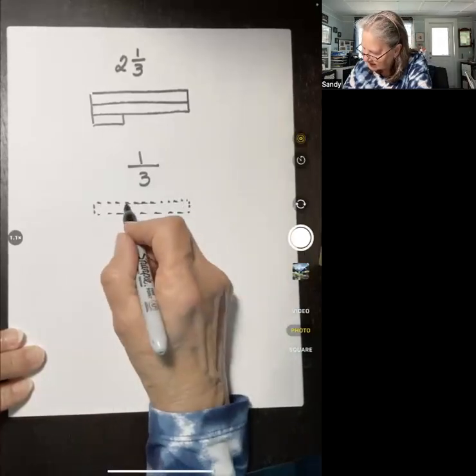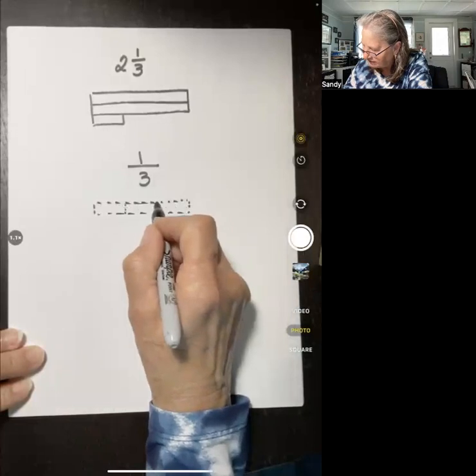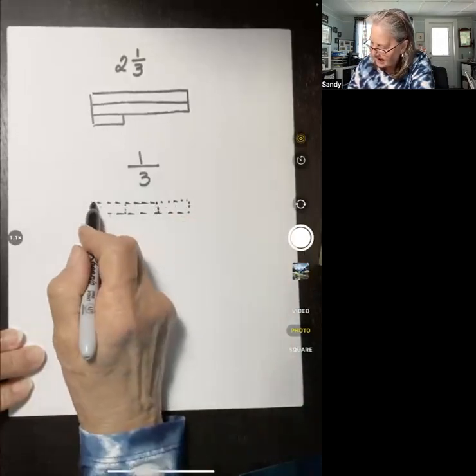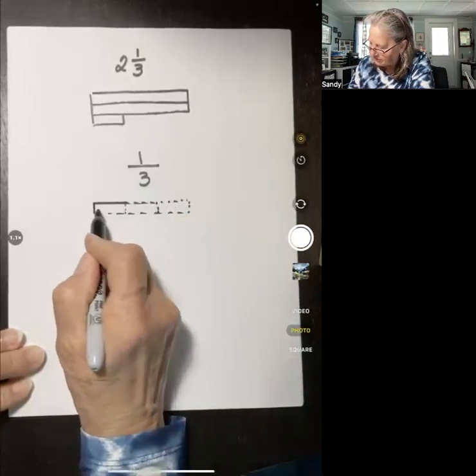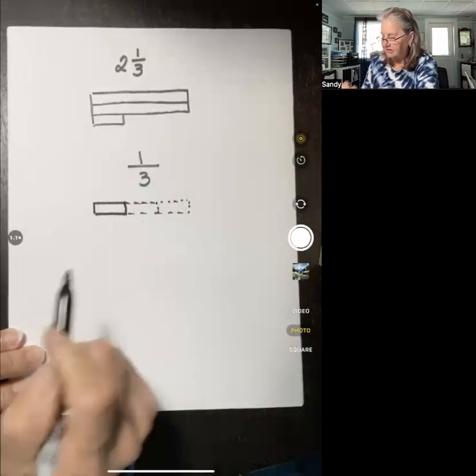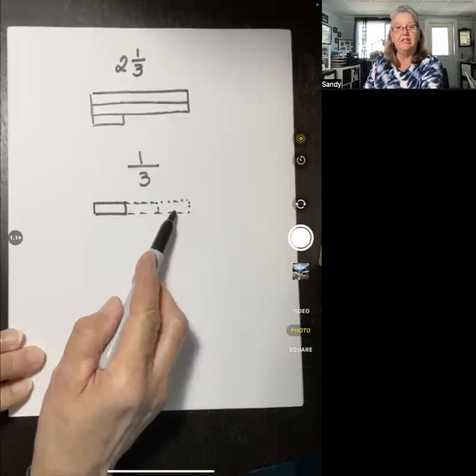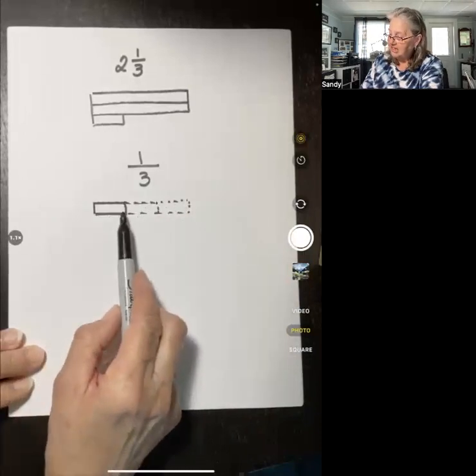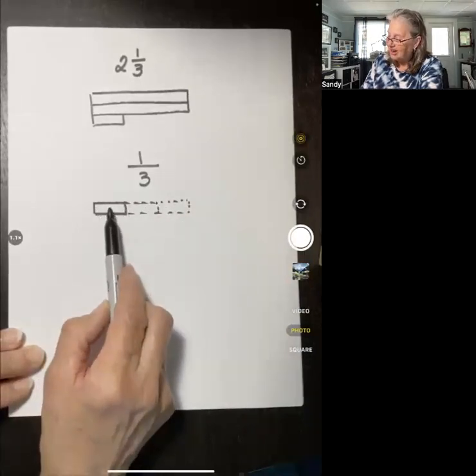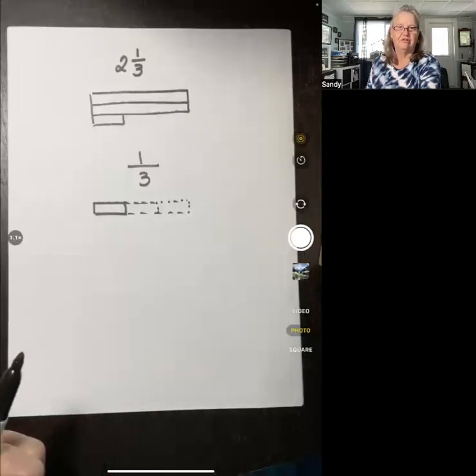Then I cut it into 3 equal pieces as carefully as I can, and I outline one of them to show the 1/3. Now I outlined the first piece, but I could have outlined this middle one or the end. But do you see how I know this is 1/3 because I also see it in relation to the whole?